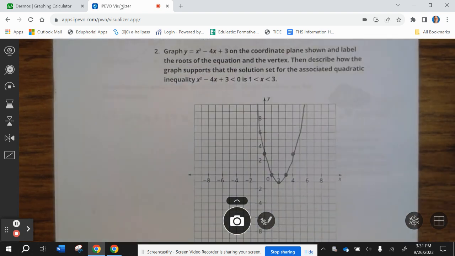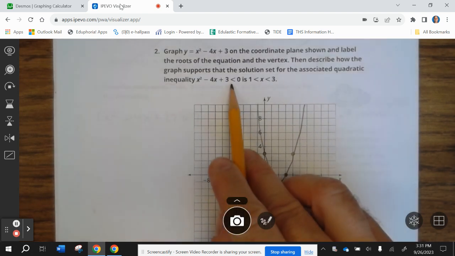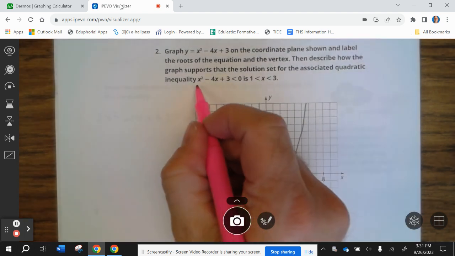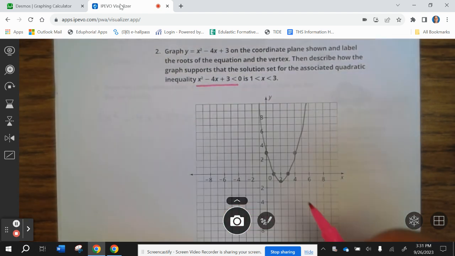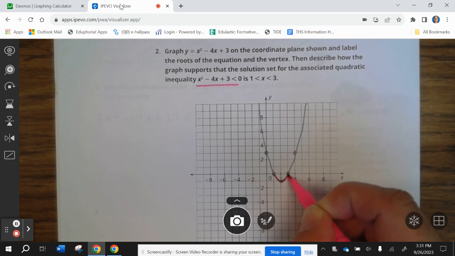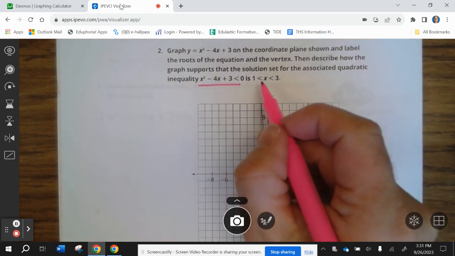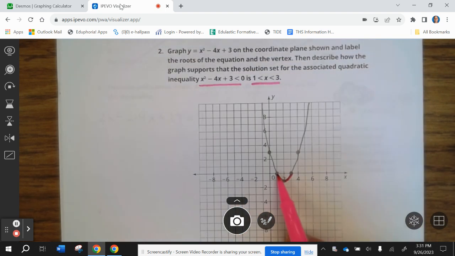Now, then describe how the graph supports the solution set for the associated quadratic inequality. It wants to know when it's less than 0. Okay. So the graph is less than 0 right here, which supports we're between 1 and 3.